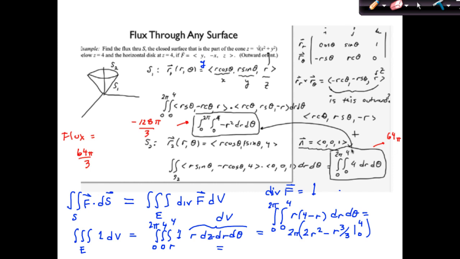So here we go, 2 pi times 432 minus 64 thirds. Check my math, please. 96, so is that 32 thirds? 64 pi over 3? I think it's right.